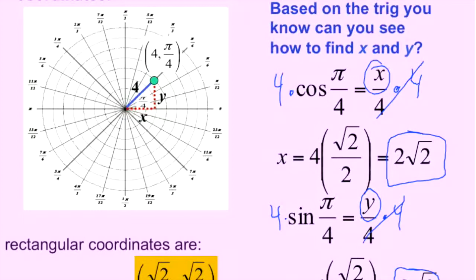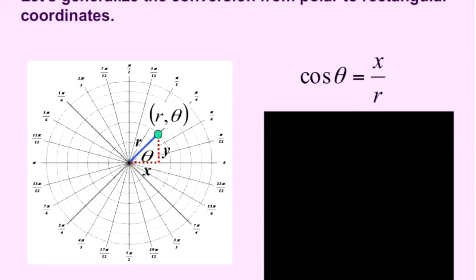Okay, so let's go over the generalizations for the formulas. Did you guys notice that when we were trying to find our x value, we used cosine, and when we were trying to find our y value, we used sine? So here are our general formulas. My cosine of theta is my adjacent over hypotenuse, so that's x over r.